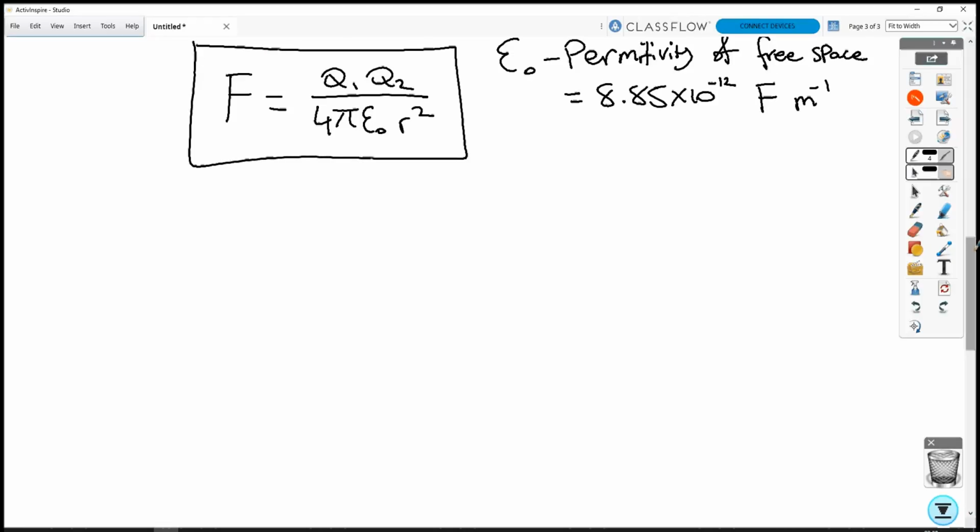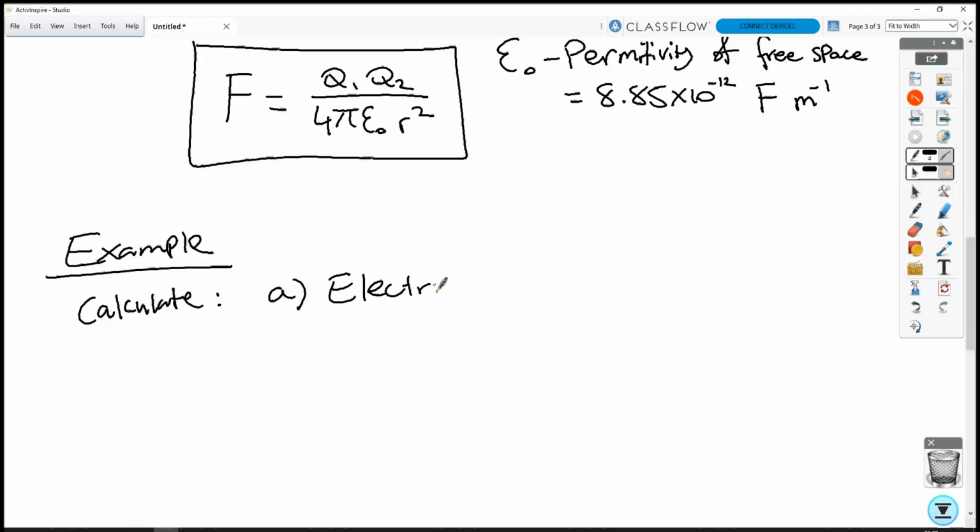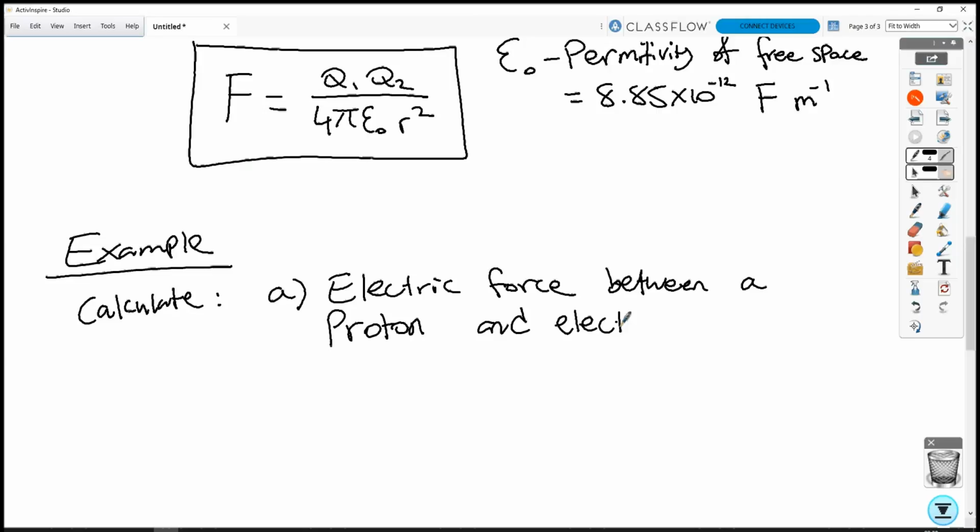All right, let's do an example. Calculate A, the electric force between a proton and electron in a hydrogen atom.